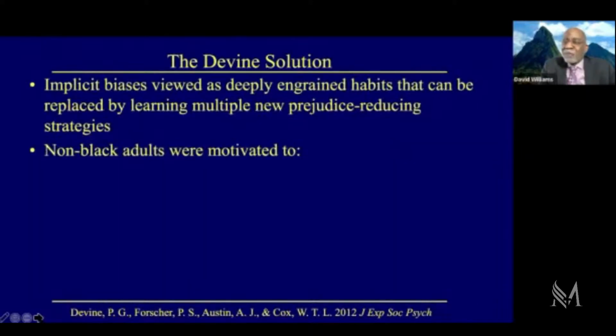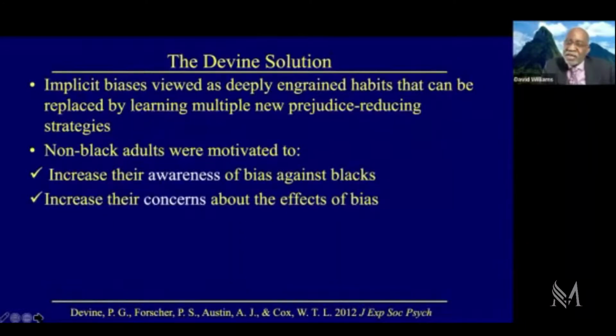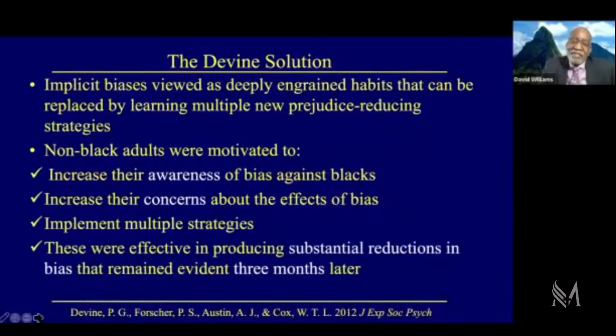I like to talk about a divine solution. Professor Patricia Devine from the University of Wisconsin shows that she can take a group of people, motivate them to be concerned about implicit bias, to increase their awareness of it, and to implement all of those strategies. And these were effective in producing substantial reductions in bias.